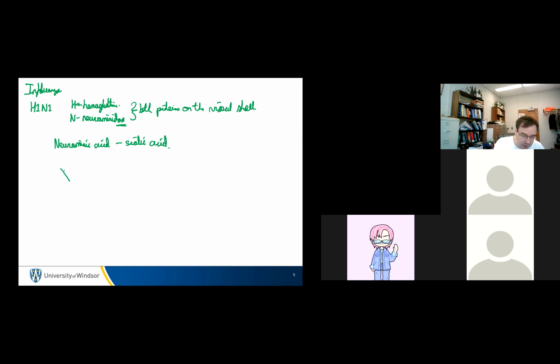We haven't looked at sialic acid yet because it's a weird sugar and I don't really like it. It's a glucose derivative. It's an acid because, hey, look, there's an acid. Just look at this messed up molecule though.